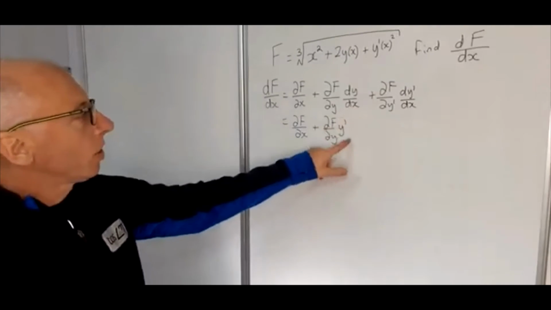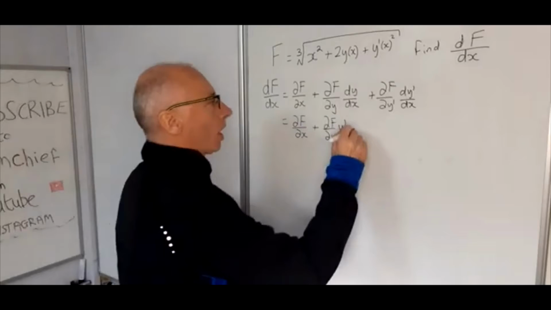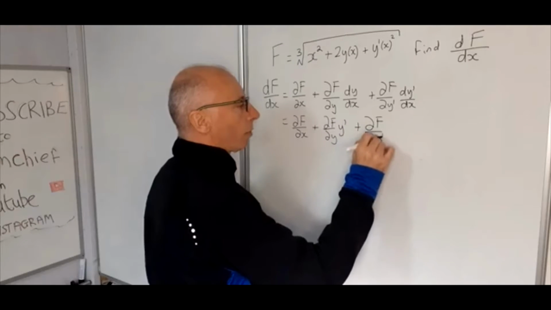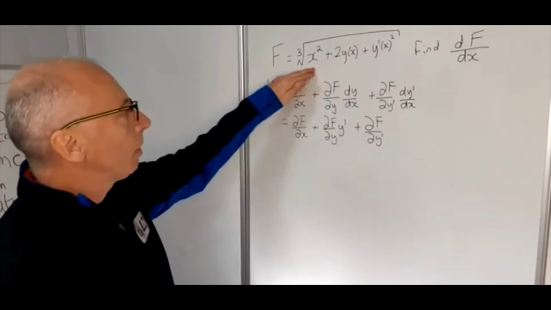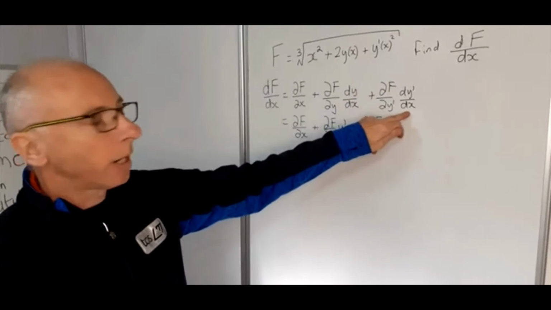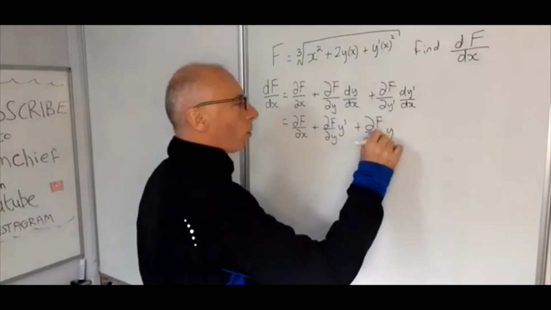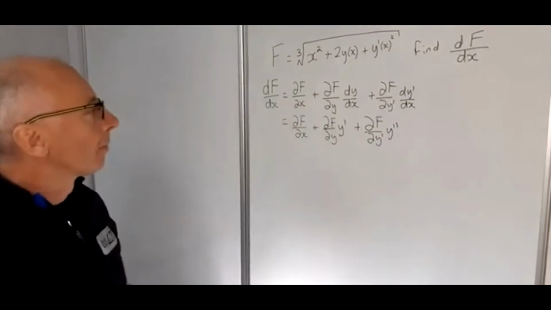So just changing the style of the notation. And then here, partial of f with respect to y prime. So we take the partial of that with respect to y prime and then multiply it by the derivative of y prime with respect to x, which will then give us y double prime.